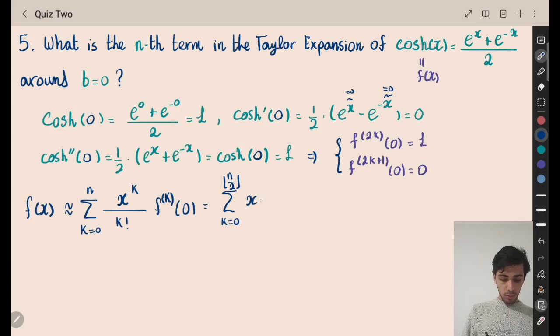And then this is just a technicality. You can just ignore it, okay? You just say k even over k factorial plus k odd.